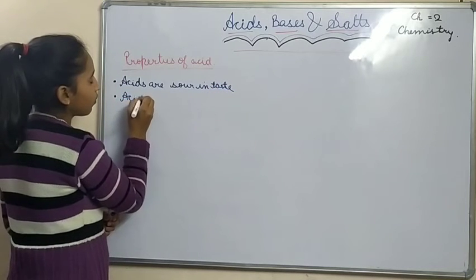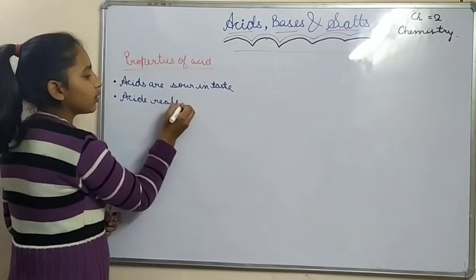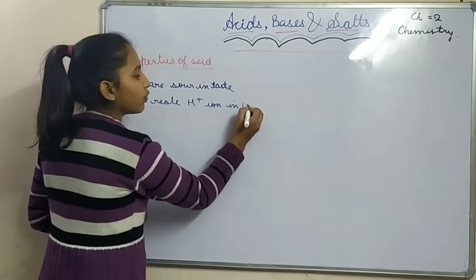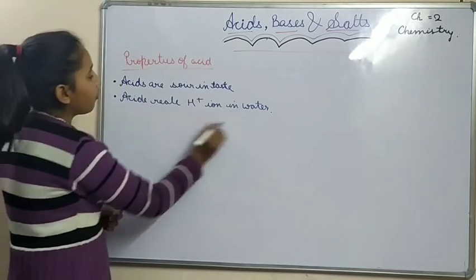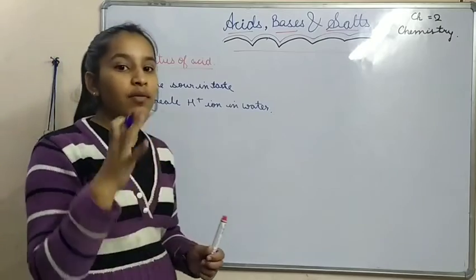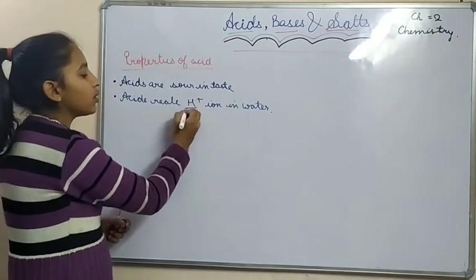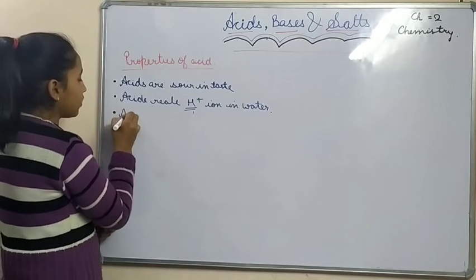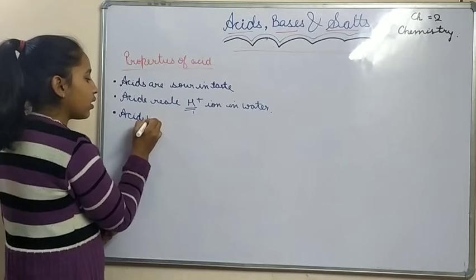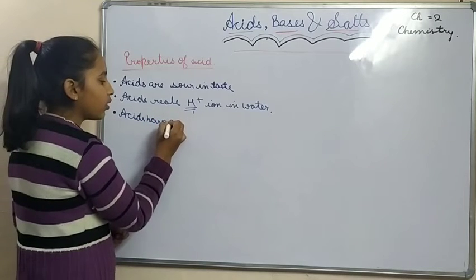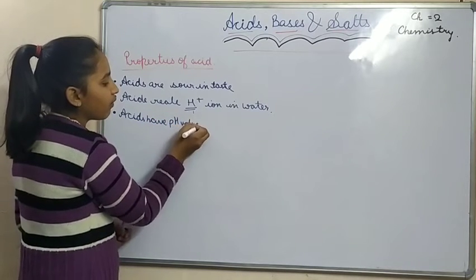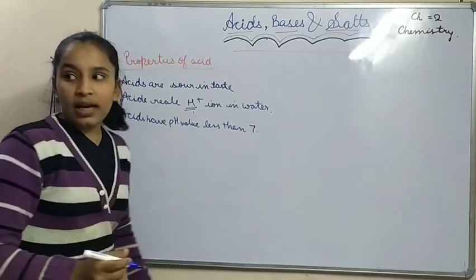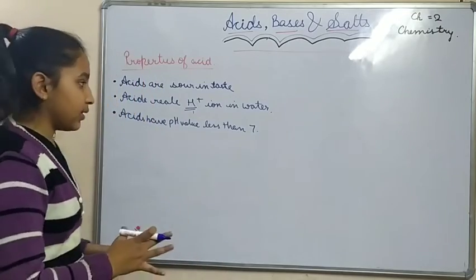Acids release H positive ions in water. If you put an acid into water, it will release hydrogen positive ions. And the third property: acids have a pH value less than 7. So these are the properties of acids.